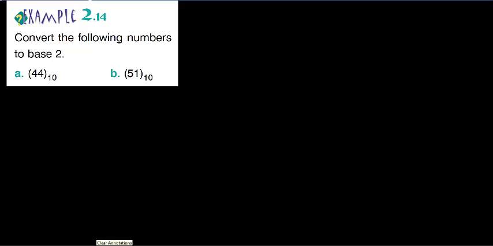I want to use the previous one, the number 14 in base 10. What is it in base 2? Actually, I know from the previous page, and if you remember, the answer in base 2 is 1 1 1 0.